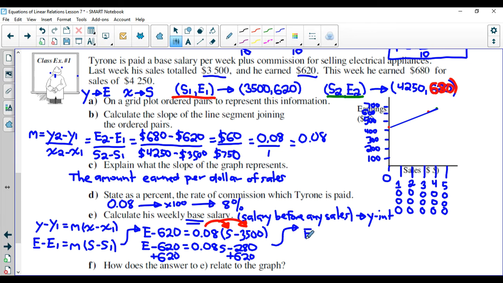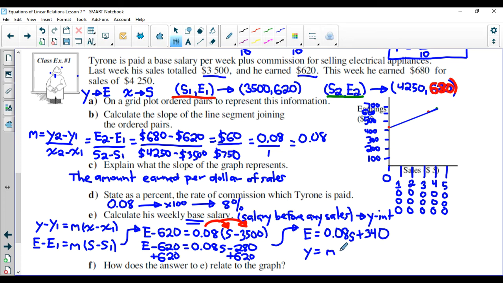And then we'll have my equation, which is e is equal to 0.08s plus 340.